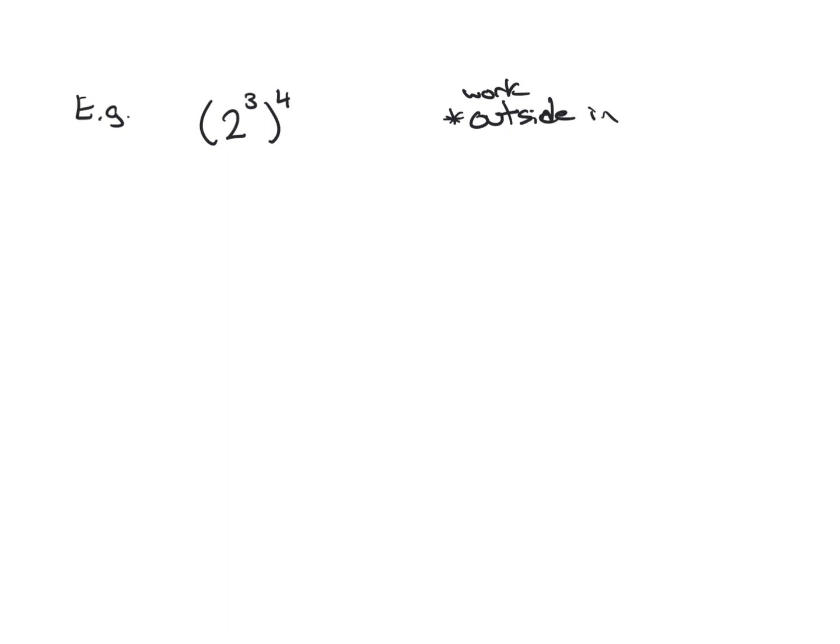I'm going to first apply the exponent of 4 to the base of 2 cubed. So that means 2 cubed times 2 cubed times 2 cubed times 2 cubed. Okay, so 4 copies of 2 cubed all multiplied together.